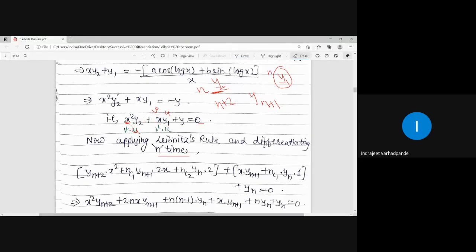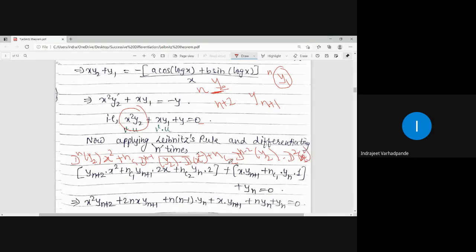Now see here, we will be applying the Leibniz theorem for the first term, that is x squared into y2. dn of u into v, meaning simply x squared, plus nC1 dn minus 1 of u, meaning dn minus 1 of y2, into d of x squared, plus nC2 dn minus 2 of y2 multiplied by d squared of x squared. Clear?